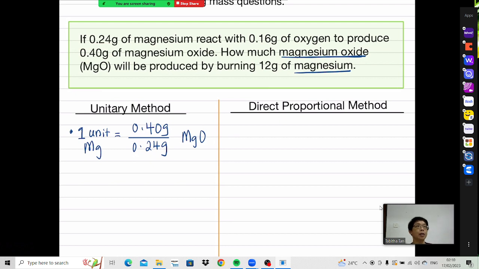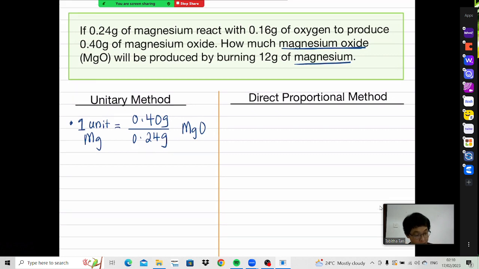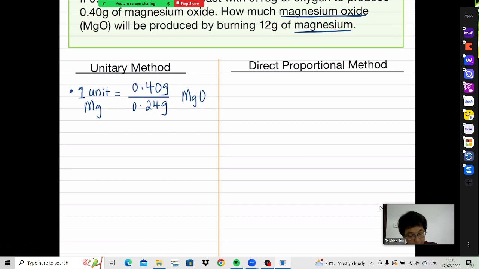Just like in simple daily life, if 5 oranges cost $20, so 1 orange costs how much? You just take the 20 divided by 5 oranges, and you get 1 unit. Using that simple mathematical concept, now we move on. Now 12 gram of magnesium, how much would you produce?